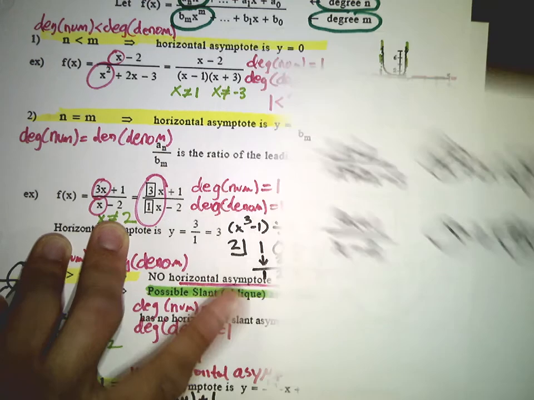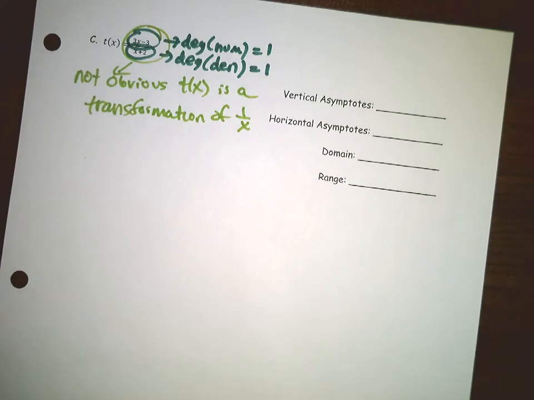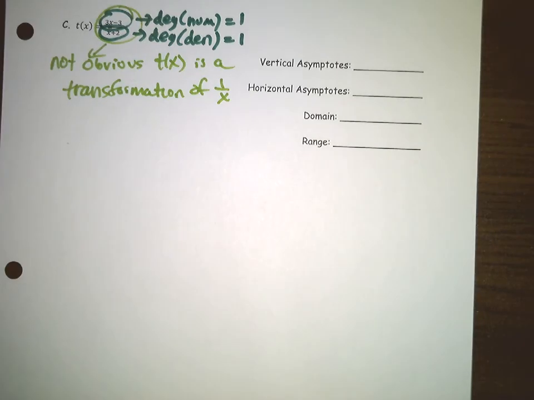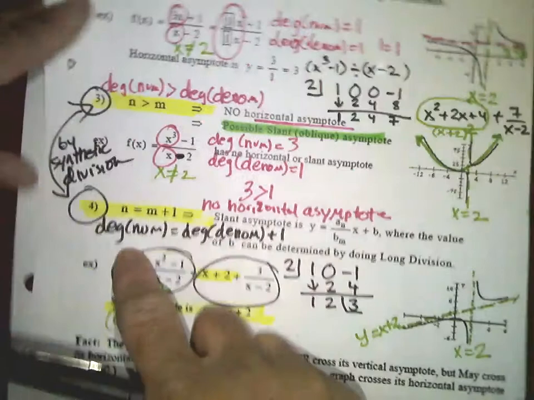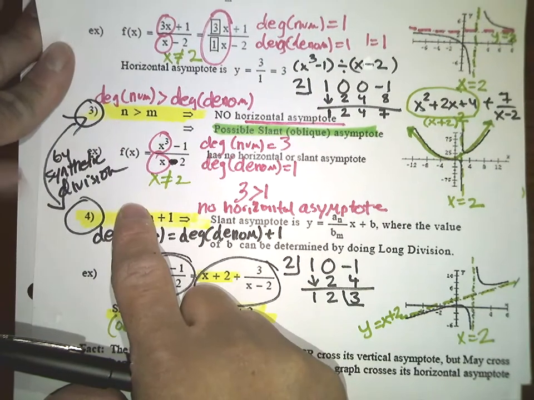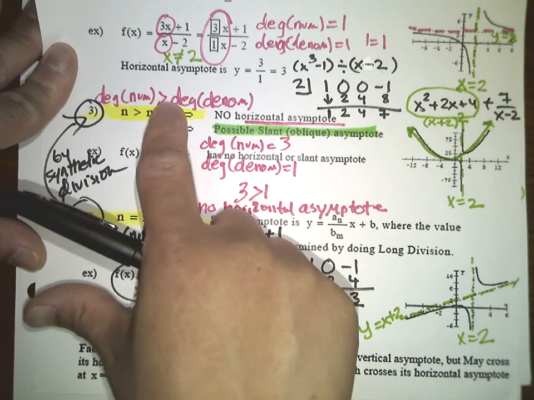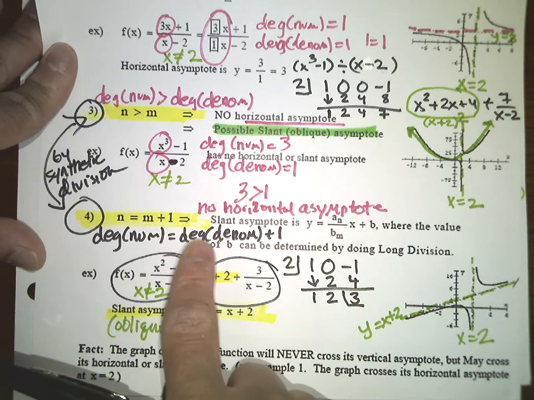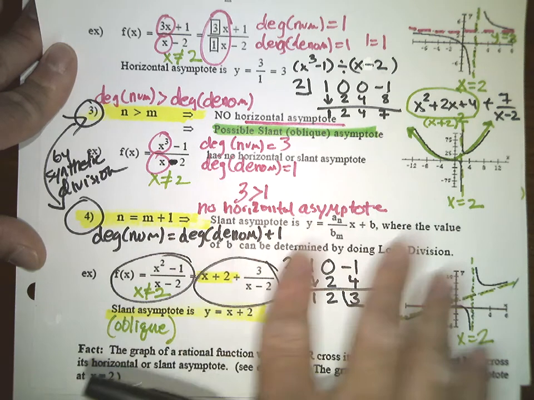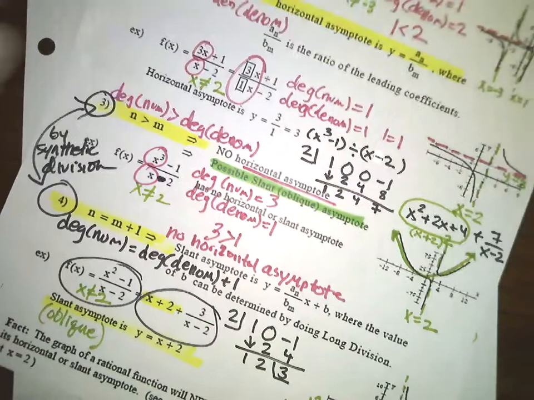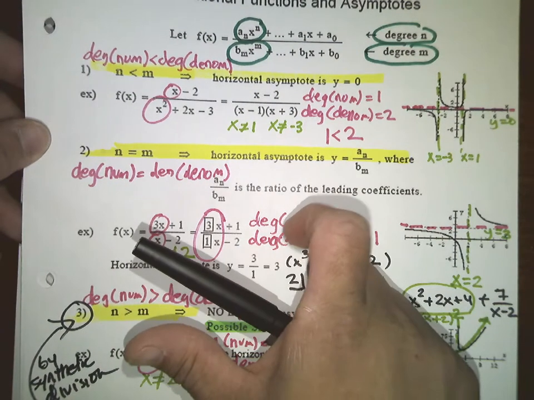So as I come back to this, I want to remind you that even though in practice we would only use the synthetic division or the long division if the degree of the numerator was greater than the degree of the denominator, it doesn't mean that you couldn't use it all the time. It's just that in certain cases it's a shortcut.